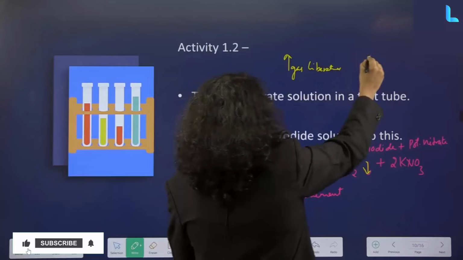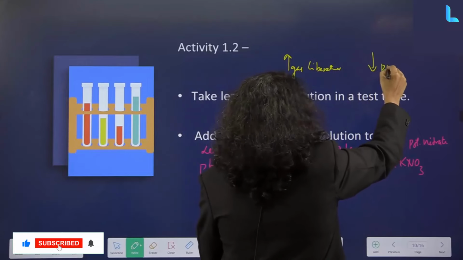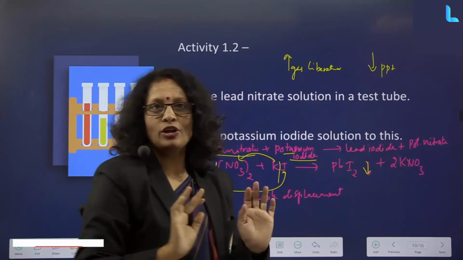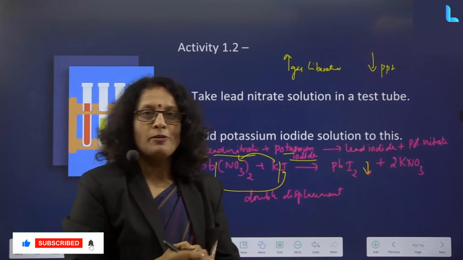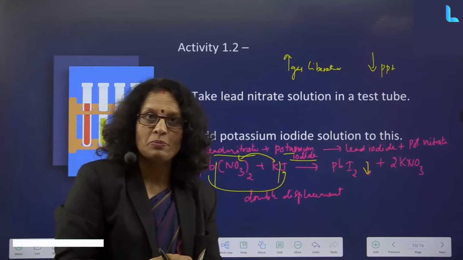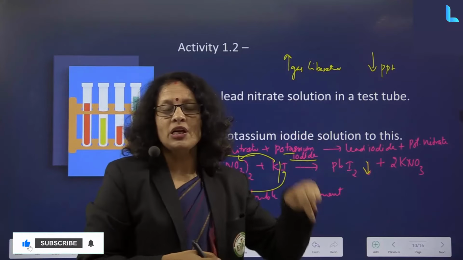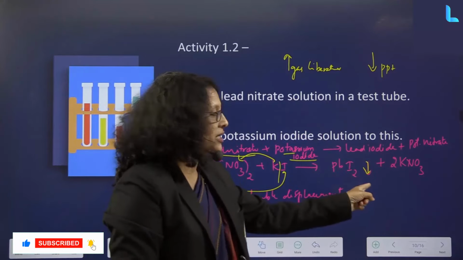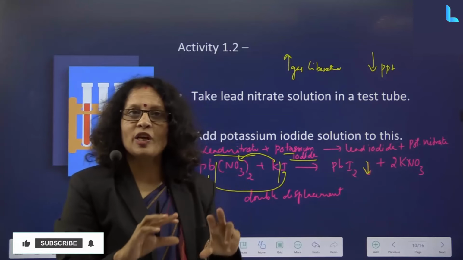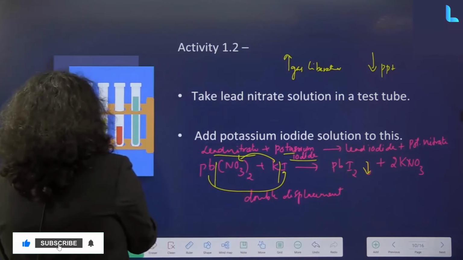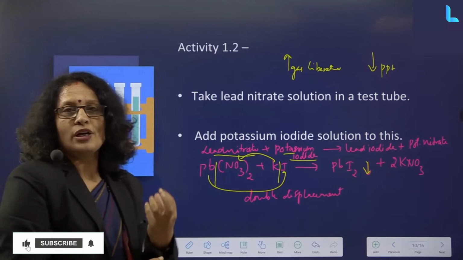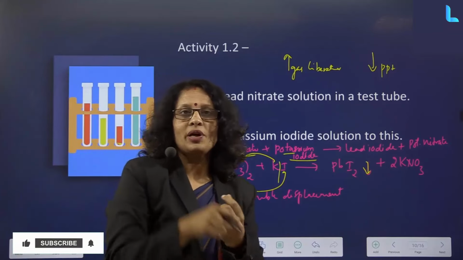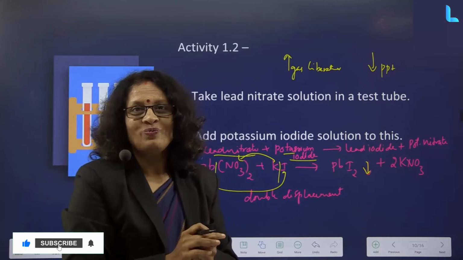Whenever we write an arrow downwards, it means precipitate. PPT here does not mean PowerPoint presentation. PPT means precipitate, the short form for precipitate in chemistry. So we show an arrow downwards, which means there is a precipitate. Why? Because when the experiment happens in a test tube, we observe some solid separating out at the bottom of the test tube, and that is why the arrow downwards is shown.